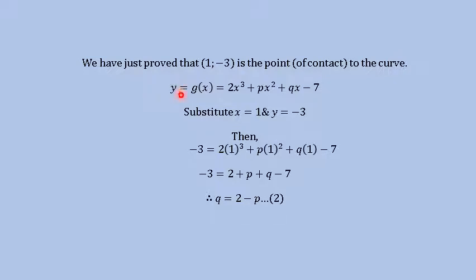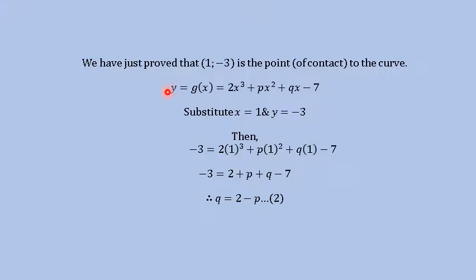Then we have y equals g of x. Don't be surprised to see this y. We are given g of x, but g of x is the same as y. Therefore, we have y equals g of x equals 2x cubed plus px squared plus qx minus 7. Now you substitute the value of x and y, which is x equals 1 and y equals negative 3, into this equation.